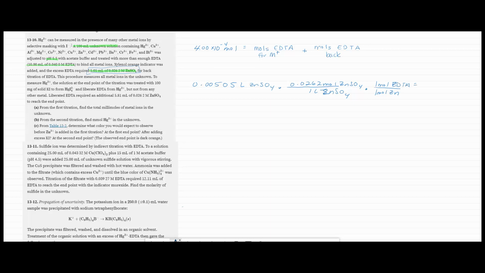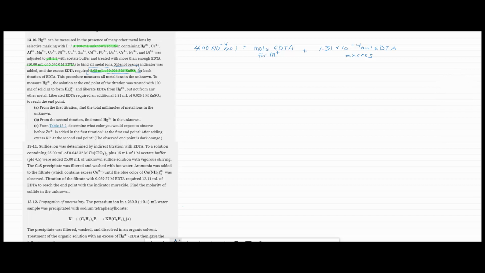So what we're left with when we perform this calculation is the moles of EDTA that were in excess. And I get 1.31 times 10 to the negative 4 moles of EDTA. That is the excess.